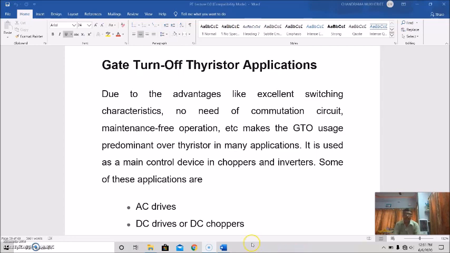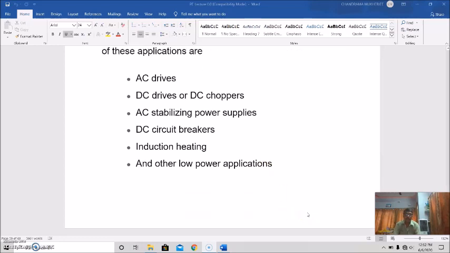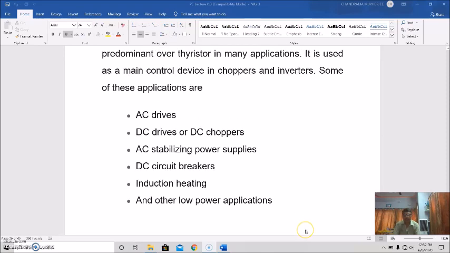It is used as a main control device in choppers and inverters. Some of its applications are AC drives, DC drives or DC choppers, AC stabilizing power supplies, DC circuit breakers, induction heating, and other applications. So that's all about the GTO.